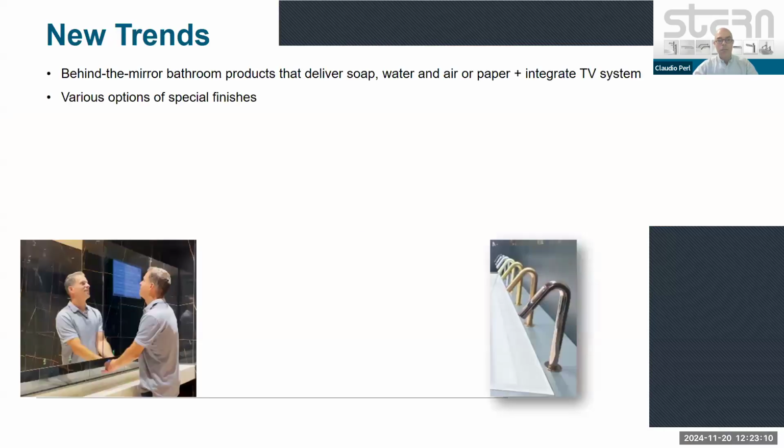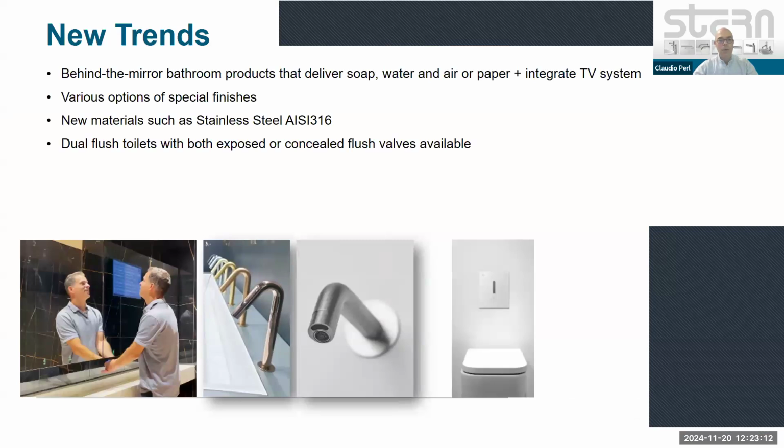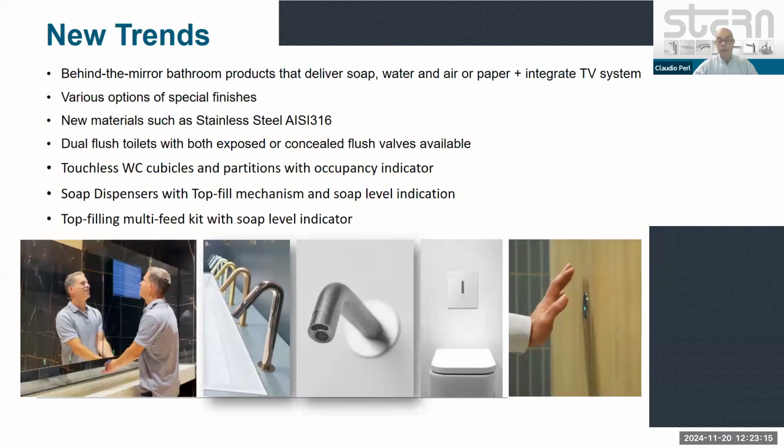So in this presentation, we learned about different trends in the market, including behind-the-mirror washing stations that deliver soap, water, air, or paper, integrated with a TV system if desired, a variety of different types of finishes, including PVD finishes, and of course, stainless steel 316, which is very durable for this type of application.